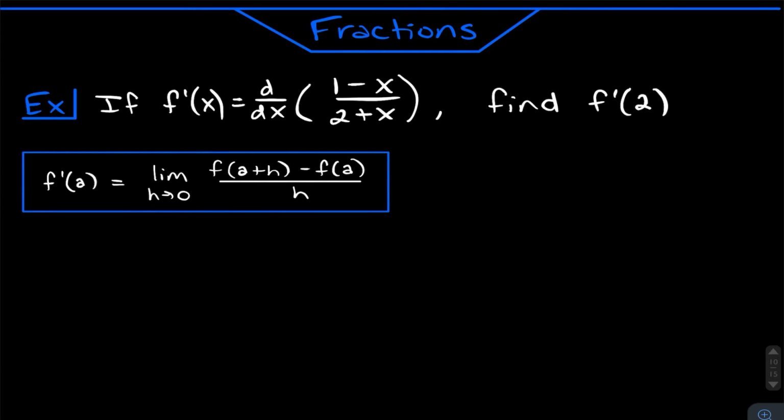This is our original function, and when we take the derivative of it, which we signal by writing a d over dx there, that's our derivative function. I know that the notation can get a little confusing, but just know that that's what that means. Then we're going to find f prime of 2, which means that we're going to find the derivative function first, and then we're just going to plug in 2 for x. So that's really all it is.